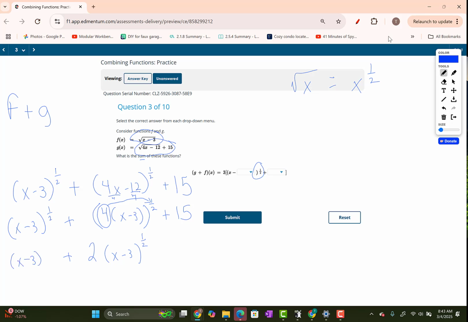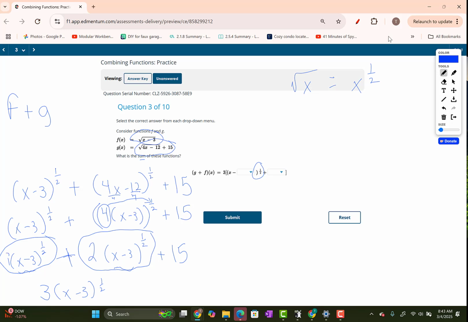Notice now what's on the expressions inside the parentheses. These match up. So here we have 1 times x minus 3 raised to the 1/2 power, and here we have 2 times x minus 3 to the 1/2 power. So if we add those together, we get 3 times x minus 3 to the 1/2 power.